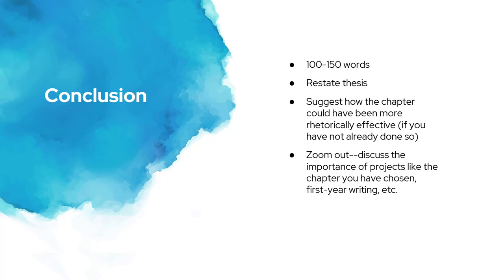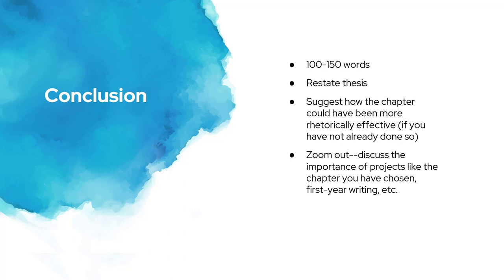For the rest of your conclusion, if you haven't already made some suggestions as to how the author could have made their chapter a little bit more rhetorically effective, you could do that with the space you have here. If you've chosen to make that rhetorical move in one of your support paragraphs, then I recommend that you zoom out from your text itself, your chapter itself, and you take a few sentences to discuss the importance of projects like the chapter you have chosen.